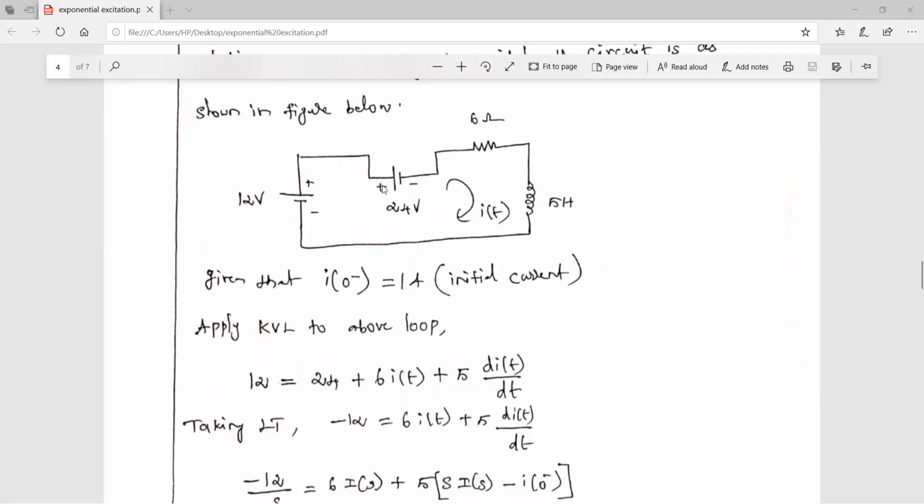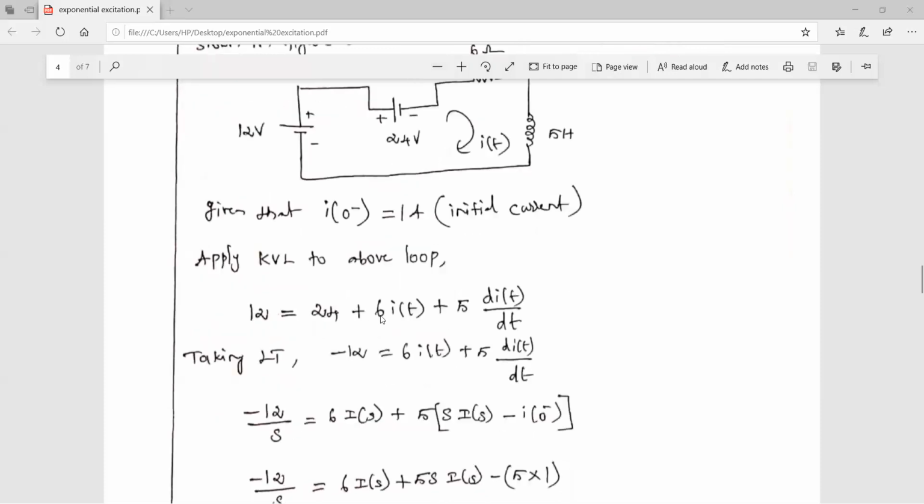When we come here, plus to minus, this 12 volt battery is a voltage rise and this 24 volt battery is a voltage drop, since the direction is plus to minus. So this 24 we have to write on the right side. Then the voltage drop across the 6 ohm resistor is 6 into I of t. The voltage drop across the 5 henry inductor is 5 into di of t divided by dt. The remaining is the same.